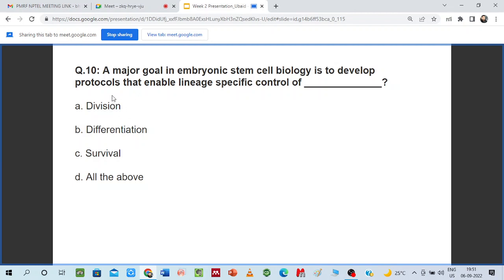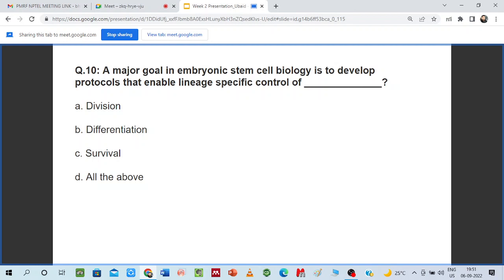So the protocols should be developed so as to control the division, differentiation, and survival of the cells in these embryonic stem cells. As I already said in the earlier slide, these embryonic stem cells have totipotent or pluripotent potential.